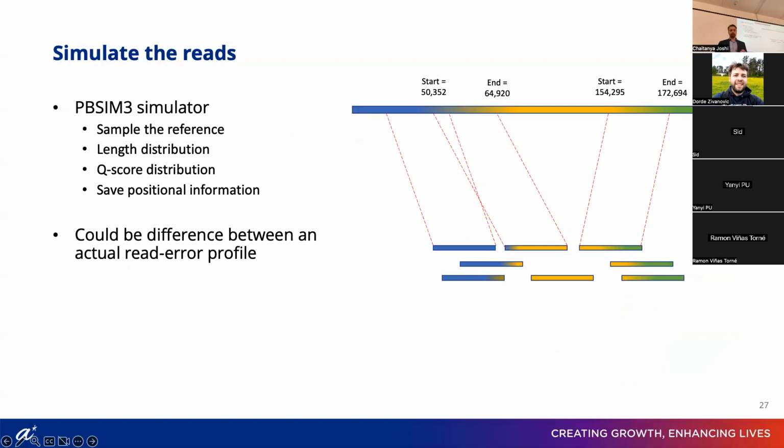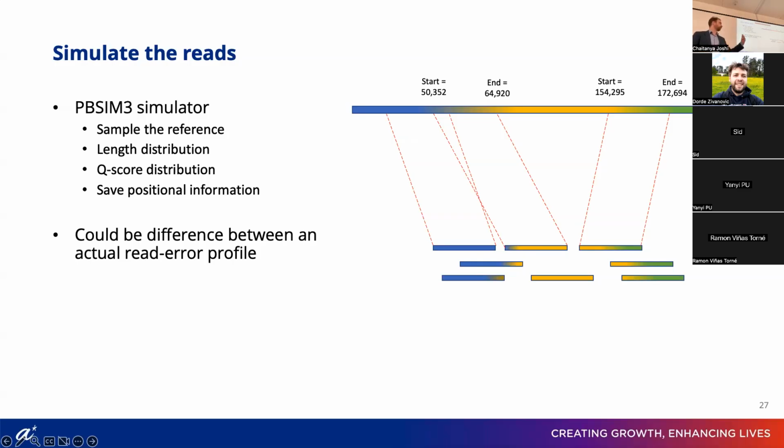And every time I resample the reference, different reads with different lengths and different error distributions come from different parts of the genome. That influences differences in the assembly graphs significantly enough so that each graph can be treated as a different training example, at least until a certain point.